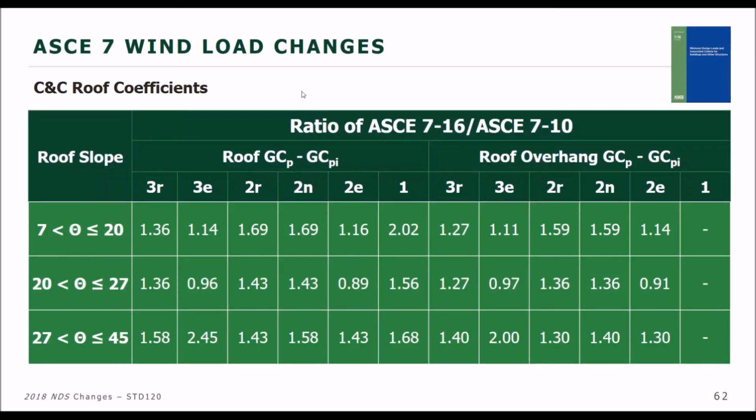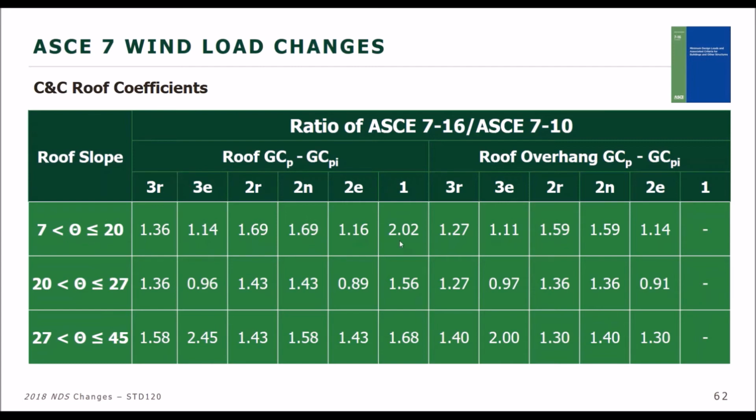And here's a table that gives an example of the C&C roof coefficients, including internal pressures. We've got roof slopes from 7 to 20, 20 to 27, 27 to 45, and all the different zones here.